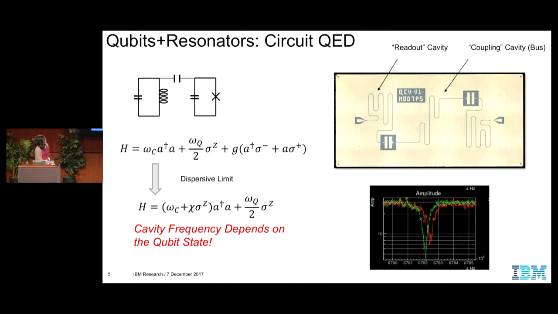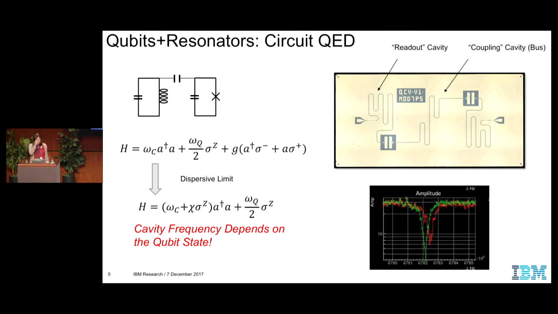Here's a sample of a 2-qubit device, two transmon qubits, coupled by a coupling cavity, which I'll call a bus. And each qubit has a readout cavity. Depending on the state of the qubit, when you put a microwave tone in this cavity and sweep the frequency, you'll see a state-dependent resonance.